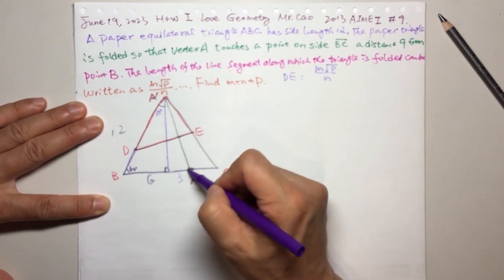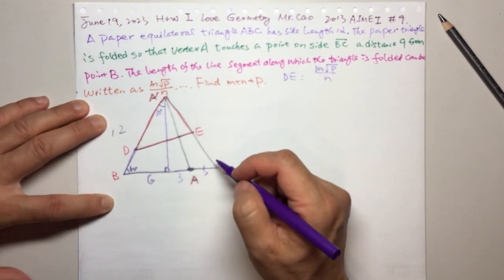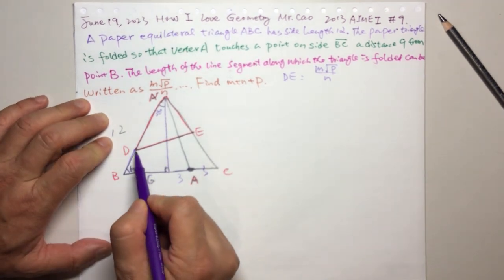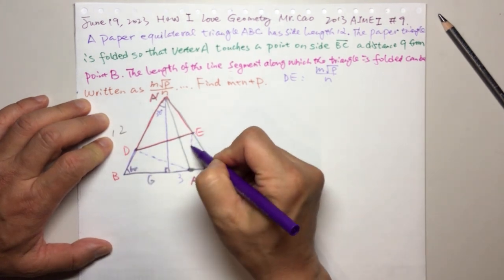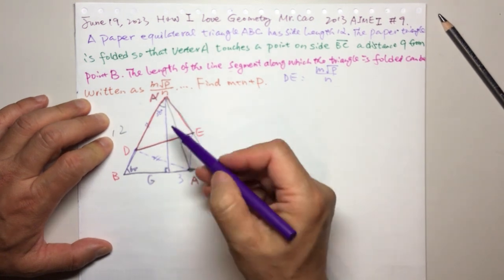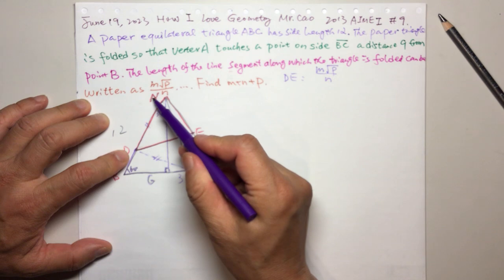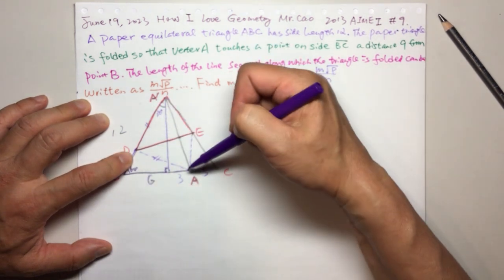The problem says the new A comes here. So this is 3, and that's the fold. Now that's the fold part, right? We know this part is congruent to this. I mean DA prime is congruent to DA because it's a fold over here.